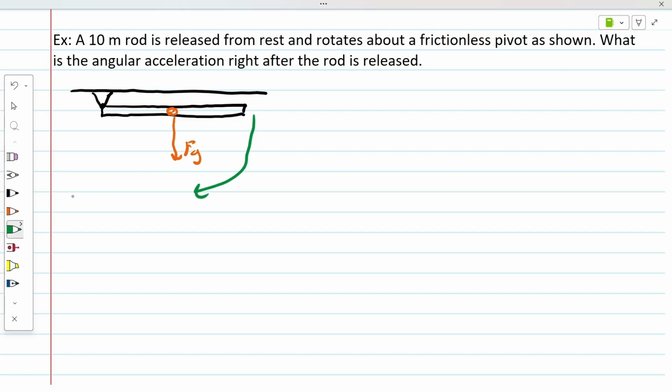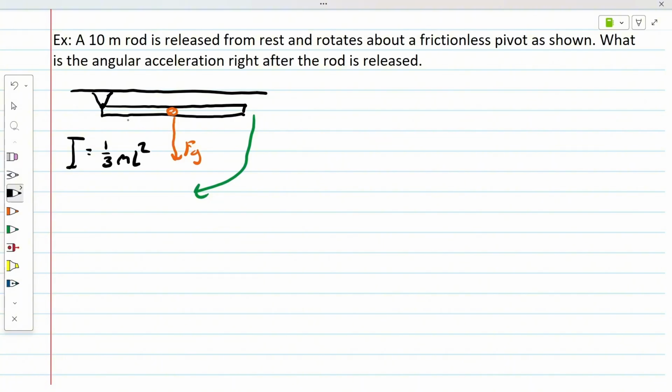In a previous video, we actually derived what this rotational inertia is. And so you would either be given this or be given the center of mass rotational inertia, then have to derive this. But for this question, I'll just give the rotational inertia, which equals 1/3 m L squared.